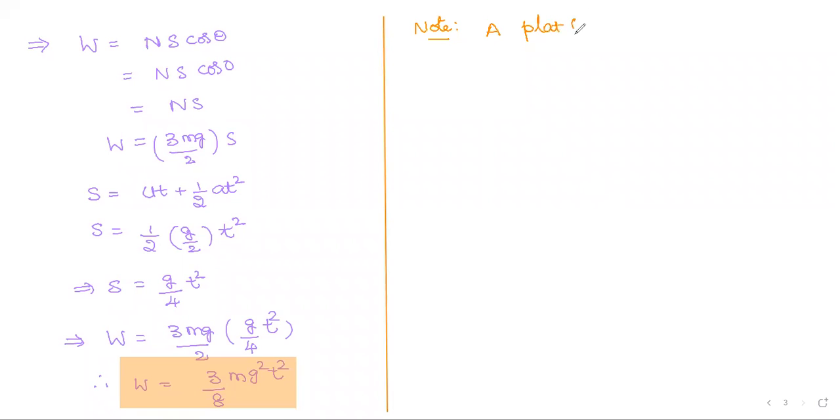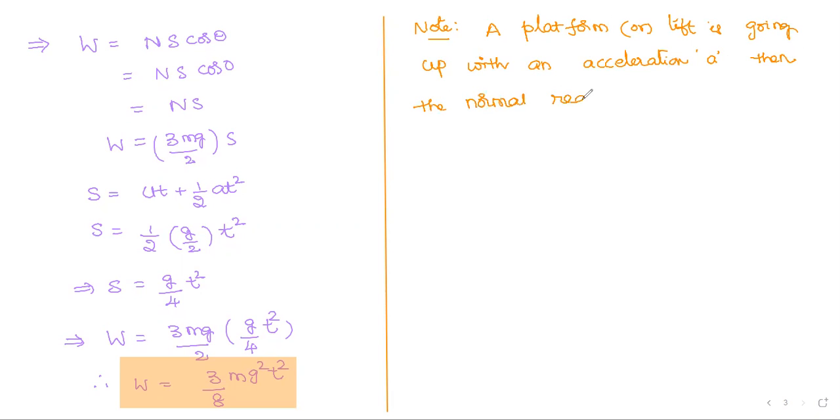a platform or lift is going up with an acceleration a, which is given in the previous problem as g by 2, then the normal reaction on the body or the person in the lift is equal to mg plus m a.